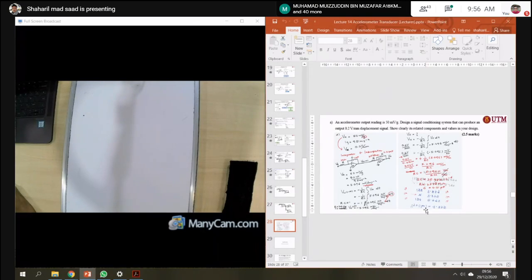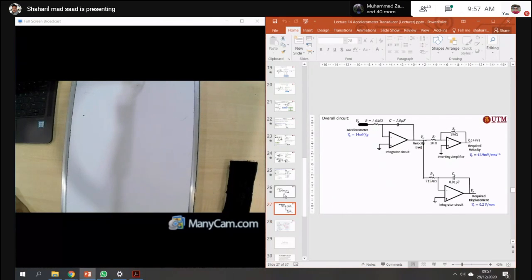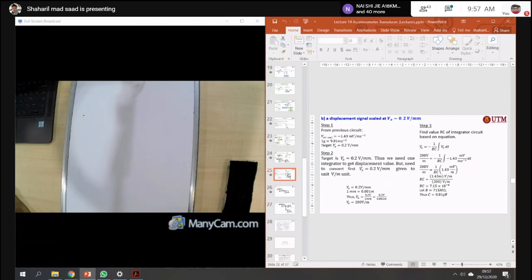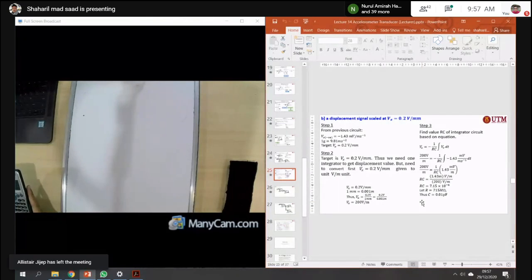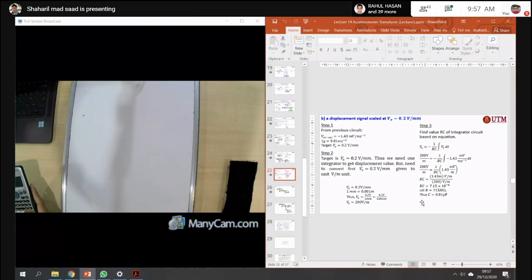P is pico, right? 10 power of minus 12, eh? Oh, P is micro, right? Oh, actually micro lah, okay. Betul. Micro, P is pico. This one, okay, let's look. 715 M, 10 power of 6, you times with 0.01, you times with 10 power of minus 12.